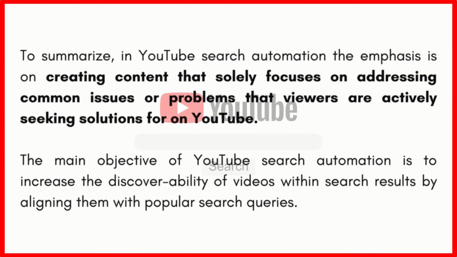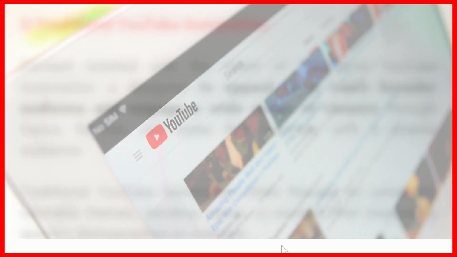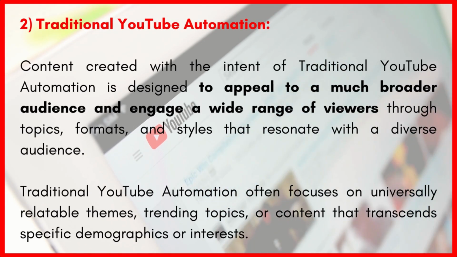To summarize, in YouTube search automation, the emphasis is on creating content that solely focuses on addressing common issues or problems that viewers are actively seeking solutions for on YouTube. The main objective of YouTube search automation is to increase the discoverability of videos within search results by aligning them with popular search queries.